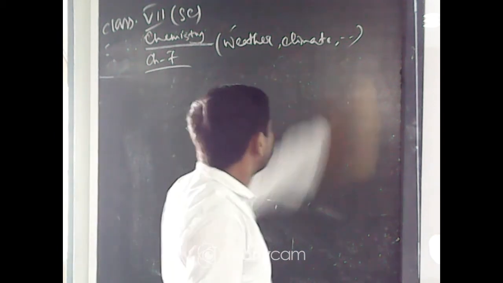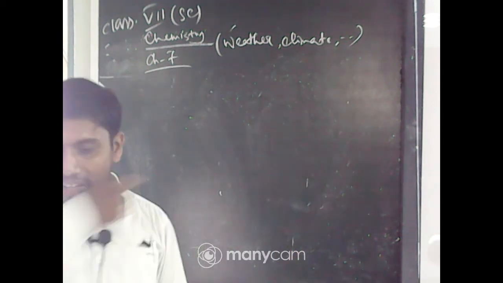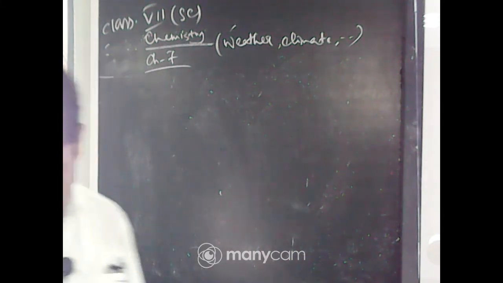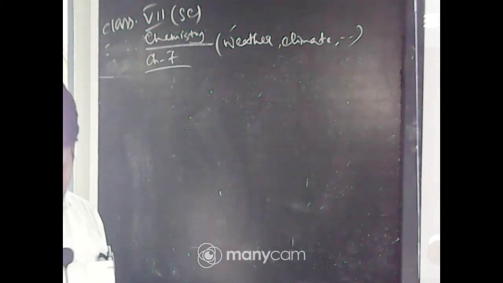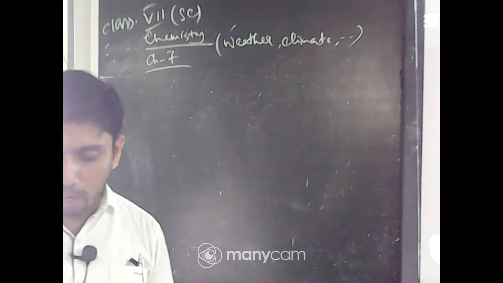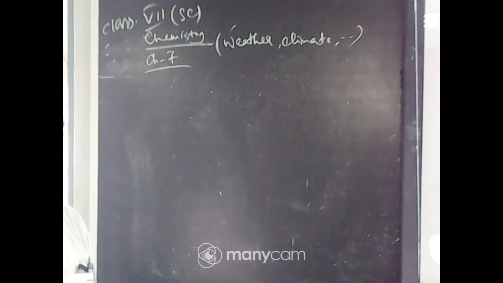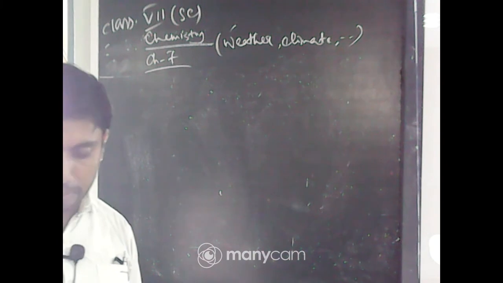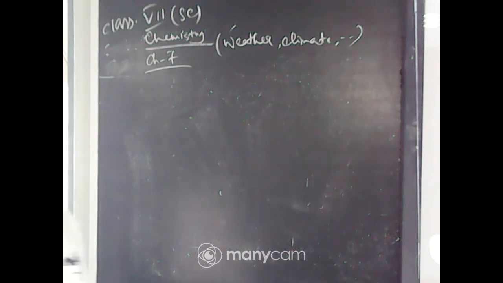Okay. It is the primary source of energy that causes change in the weather. Energy absorbed and reflected by the earth's surfaces, oceans and atmosphere play an important role in determining the weather at any place.